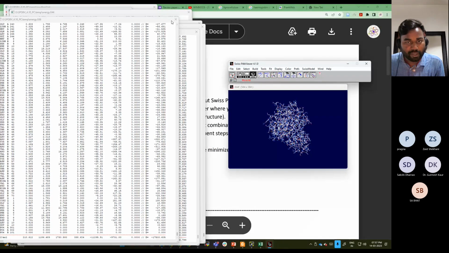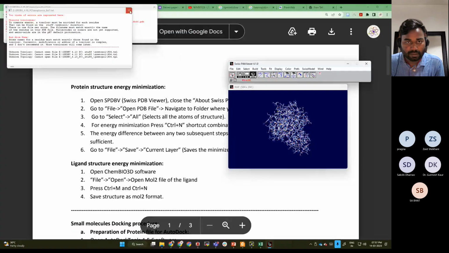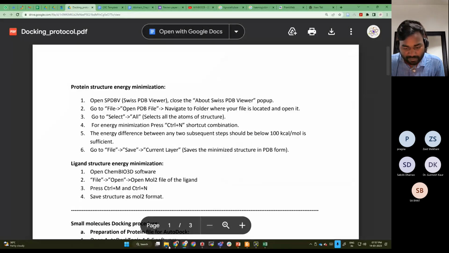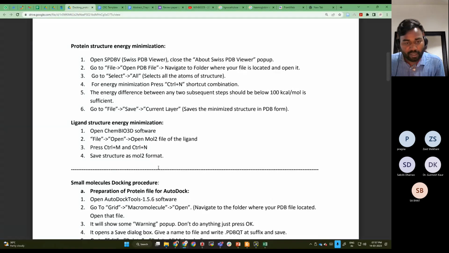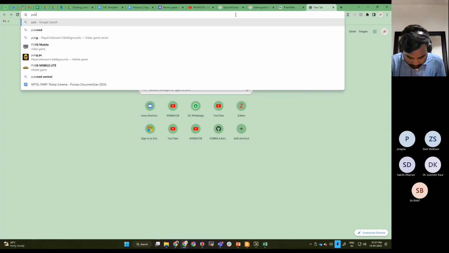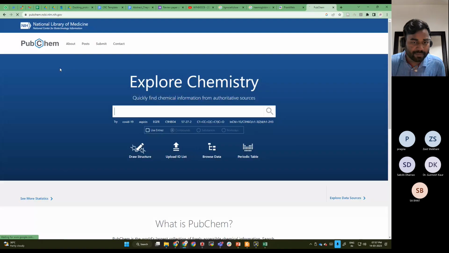Now what you have to do? Now you close everything. You have already saved the layer. Now you have to open your ligand molecule. If you don't have a ligand molecule, you can get it from PubChem. In PubChem, you can get any chemical structure.